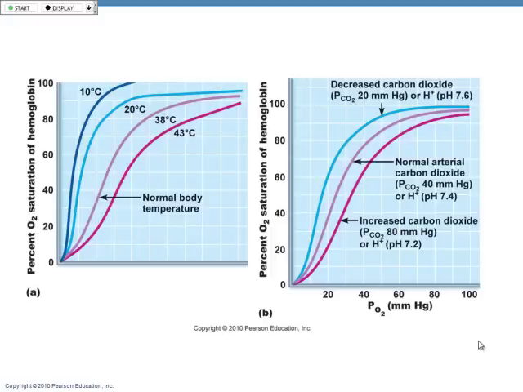So hypoventilation, not getting rid of enough carbon dioxide, can result in respiratory, what do you think we call this one? Acidosis. Hyperventilation, getting rid of too much carbon dioxide, can result in respiratory alkalosis. You with me?